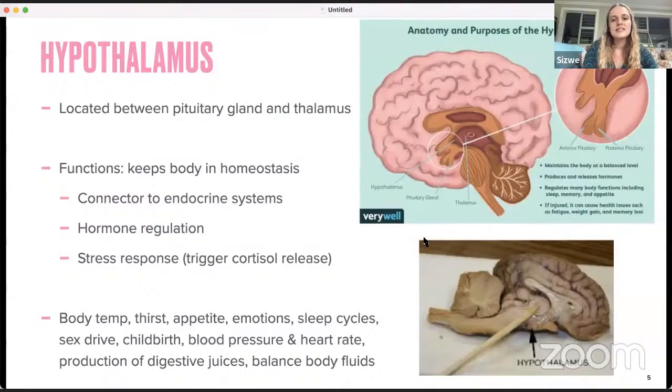Okay, I've said here that basically the hypothalamus acts as a connector to the endocrine system. The endocrine system basically has to do with hormones. So all the hormones that play a role in human development, whether they be sex hormones, growth hormones, anything else, those kinds of things, these are all connected to the hypothalamus, and the hypothalamus kind of regulates it.